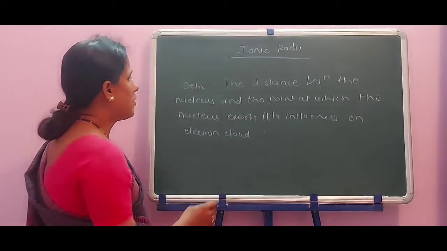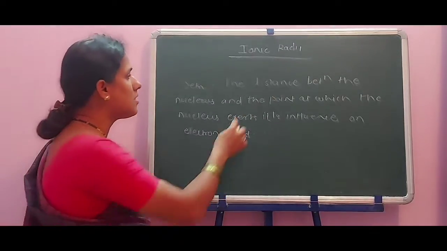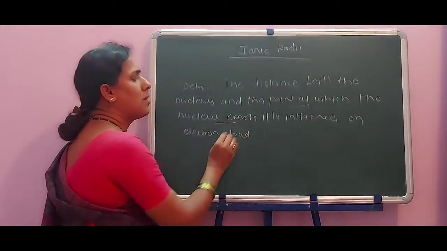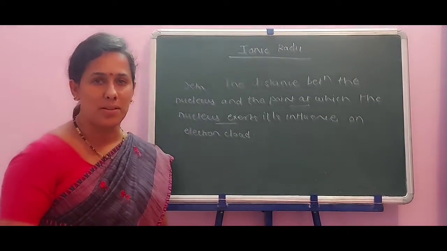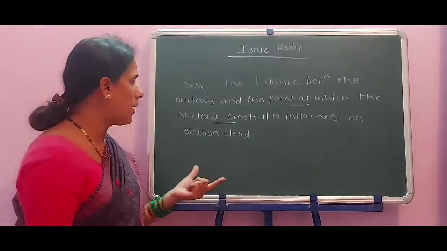Again, I am repeating the definition of ionic radii. Ionic radii is defined as the distance between the nucleus and the point at which the nucleus exerts its influence on an electron cloud.